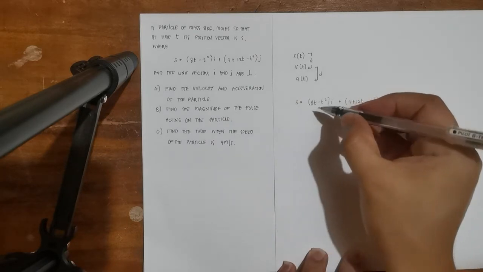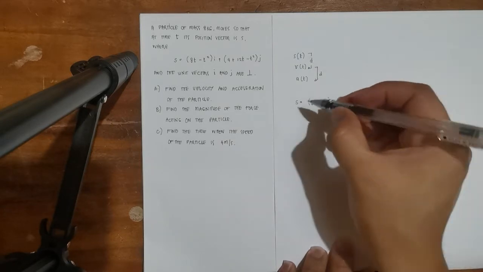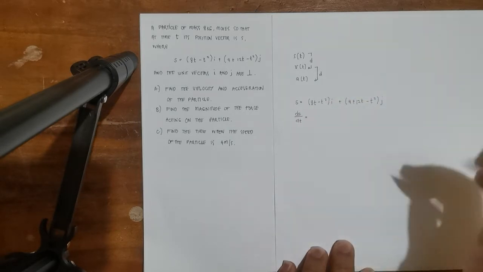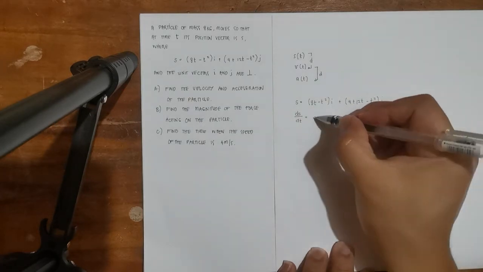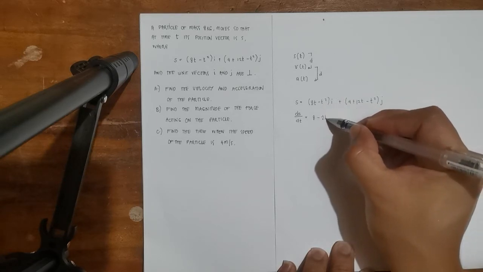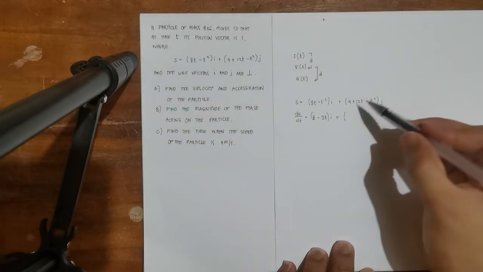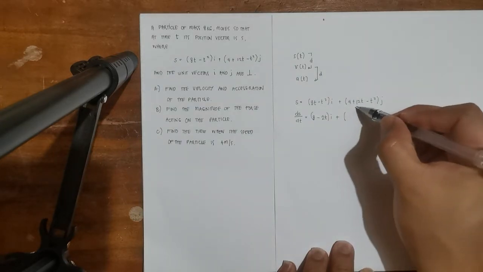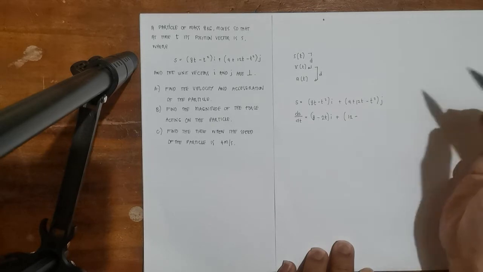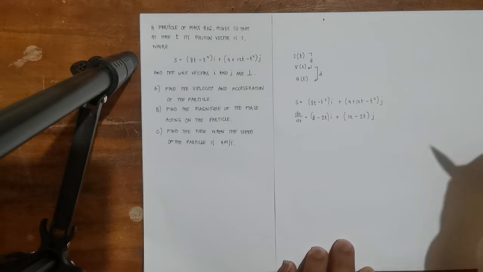So, deriving s with respect to time, excuse me, so that is ds with respect to time equivalent to derivative of 8t is 8 minus derivative of t squared, that is 2t, and that is i, plus derivative of 4 is 0, derivative of 12t, that is 12, minus derivative of t squared, that is also 2t, that is of j.